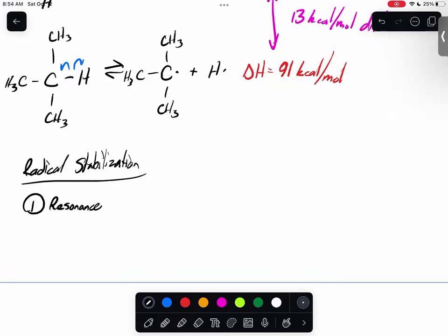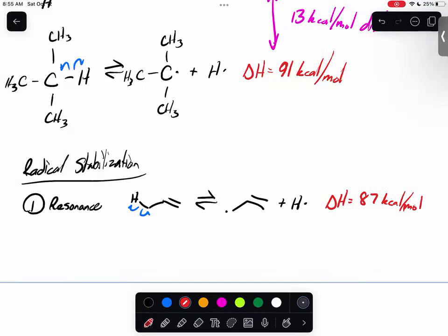Okay, if we were to take a look at this bond dissociation between this hydrogen and this carbon, it ends up forming a radical along with H dot. And for this, what we would see is that the delta H here is 87 kcals per mole, right? Which is even lower than the ones we saw up there.